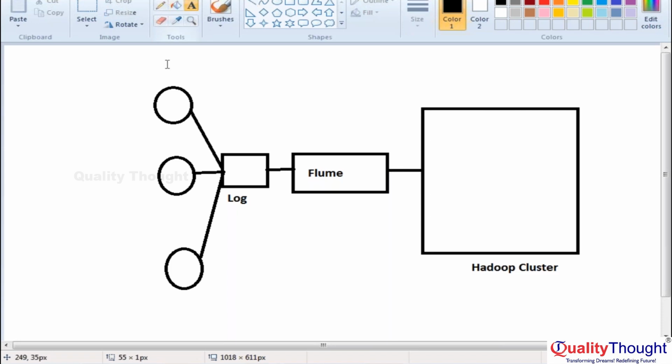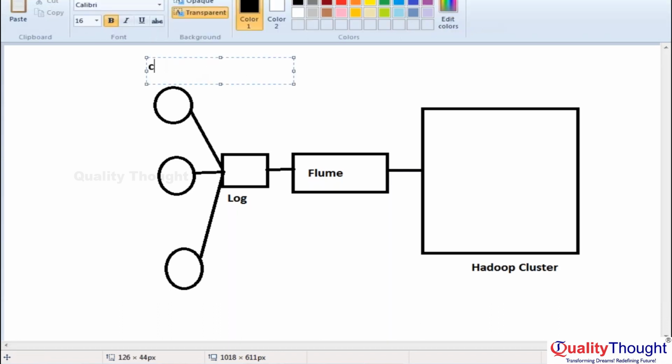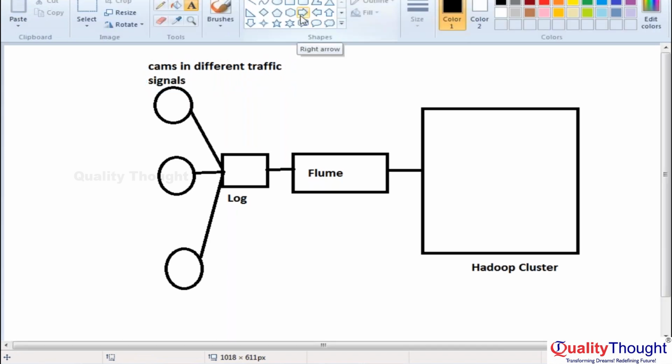So these are cams in different traffic signals. Okay, so this is the system. Multiple cams are fixed in different traffic signals. Each camera writes the data into the traffic server in a log location. Then we configure Flume to point to that log. Flume captures, if anything is written here, it will capture and write into the Hadoop location.